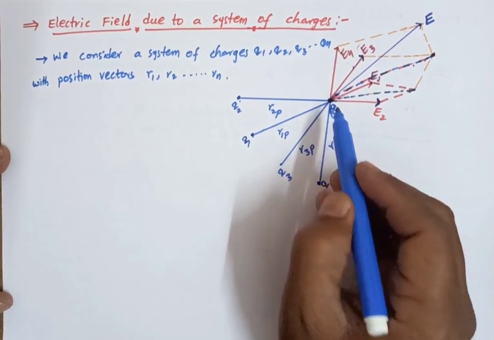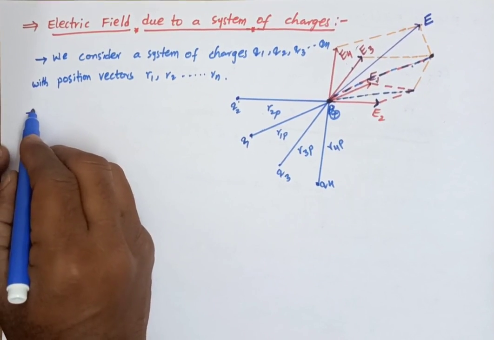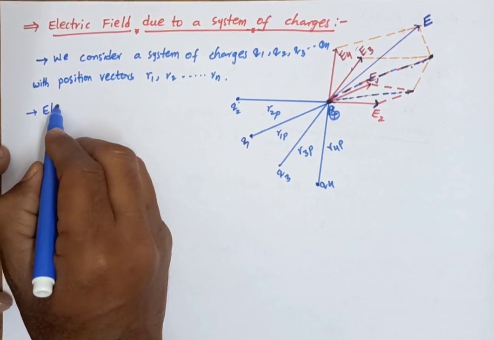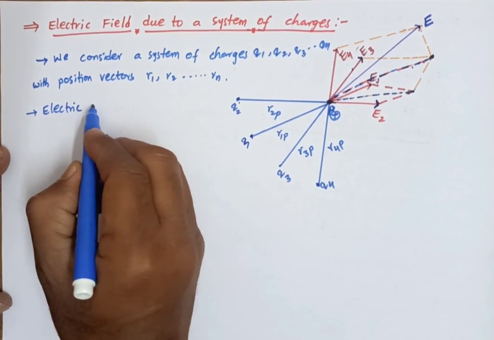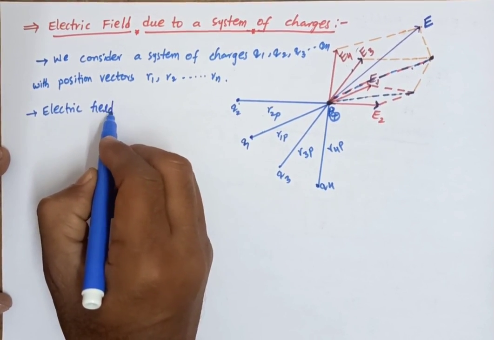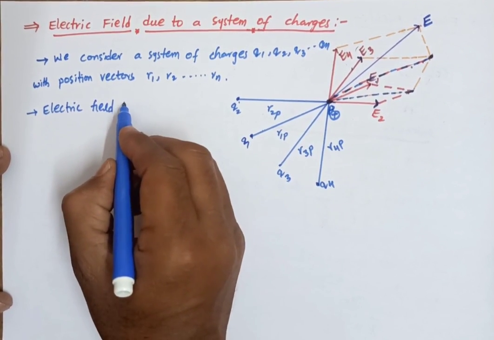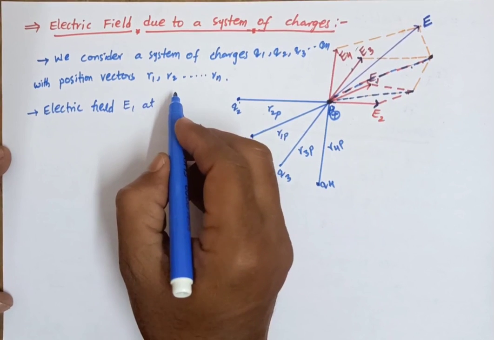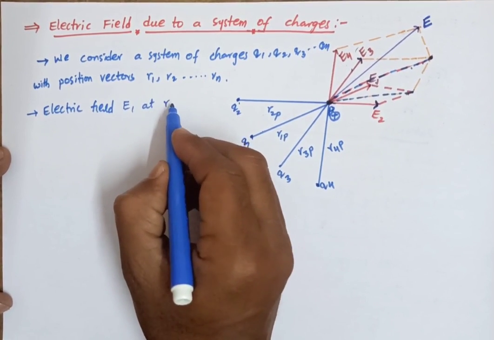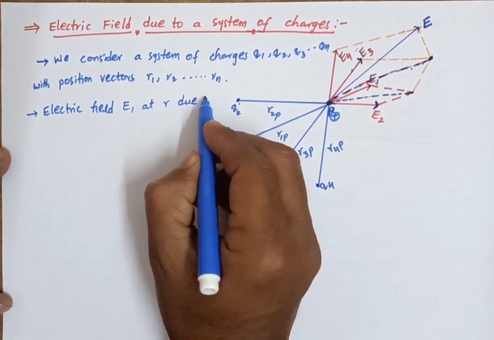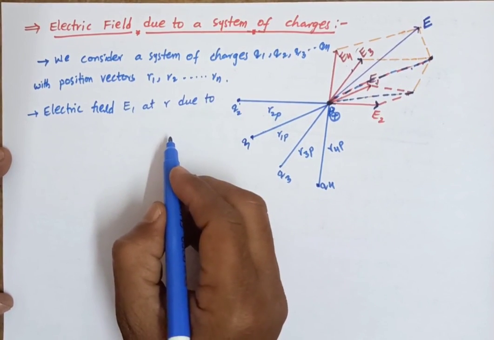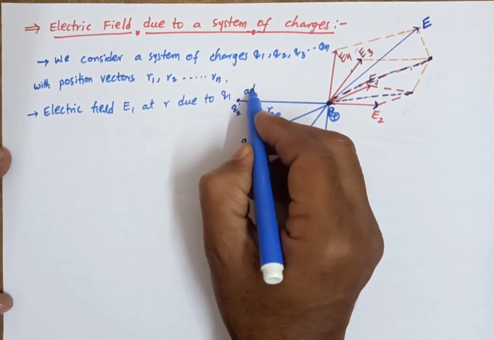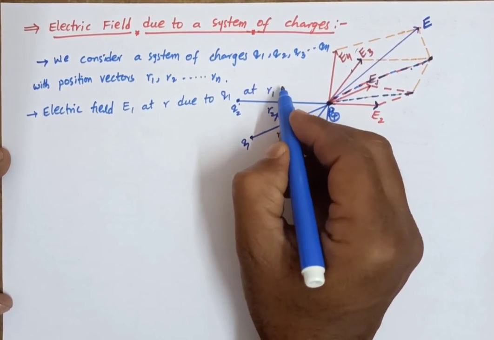First of all, for E1, the electric field at small r due to Q1 at R1.